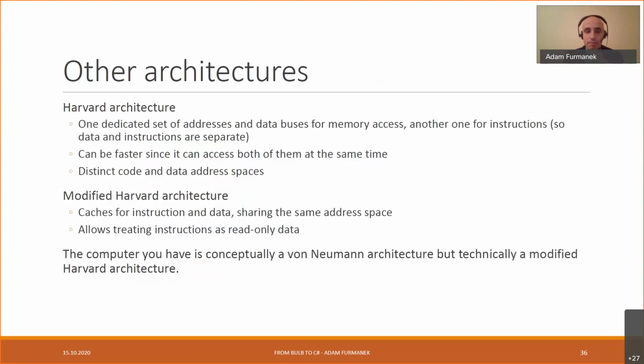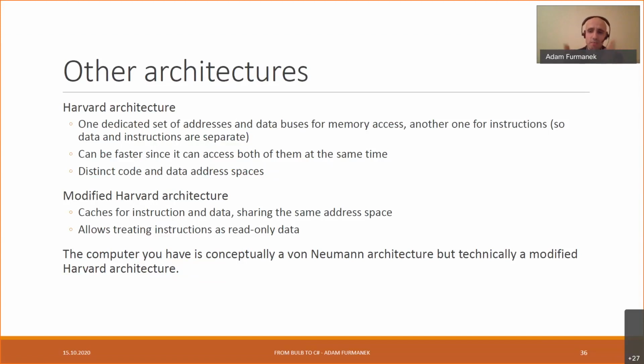Just like we said about the addressing in von Neumann, Harvard separates the addresses for memory and separates the addresses for instructions. However, modified Harvard architecture, which is used for caches, basically merges these things together.